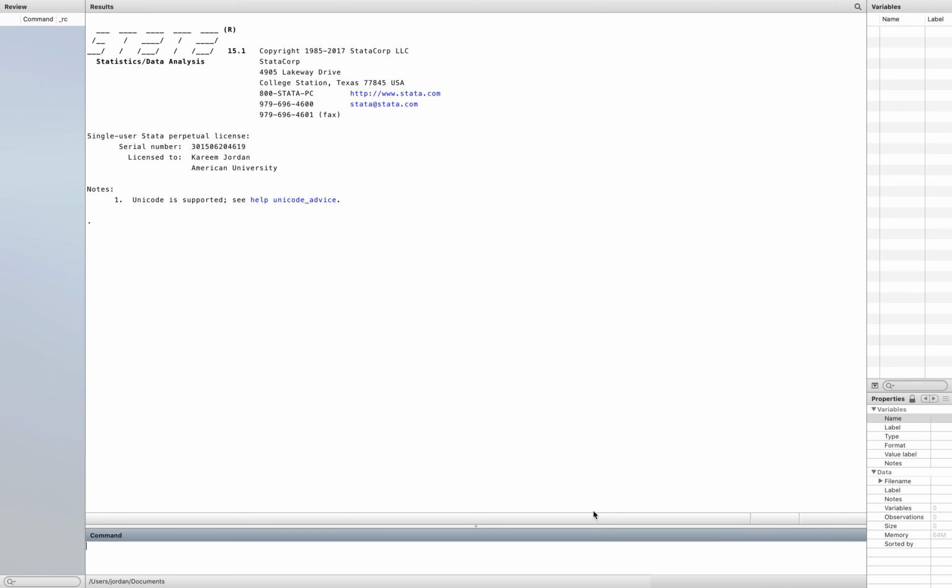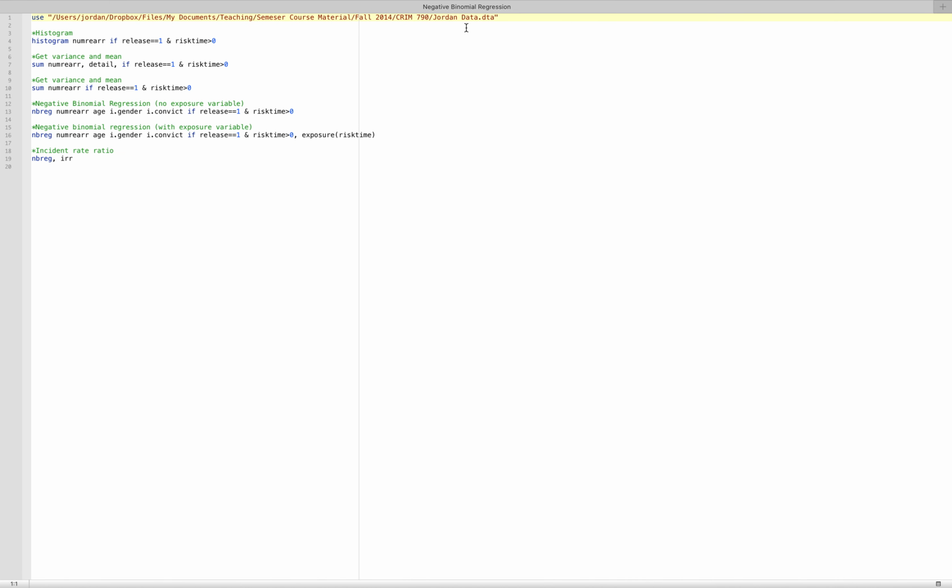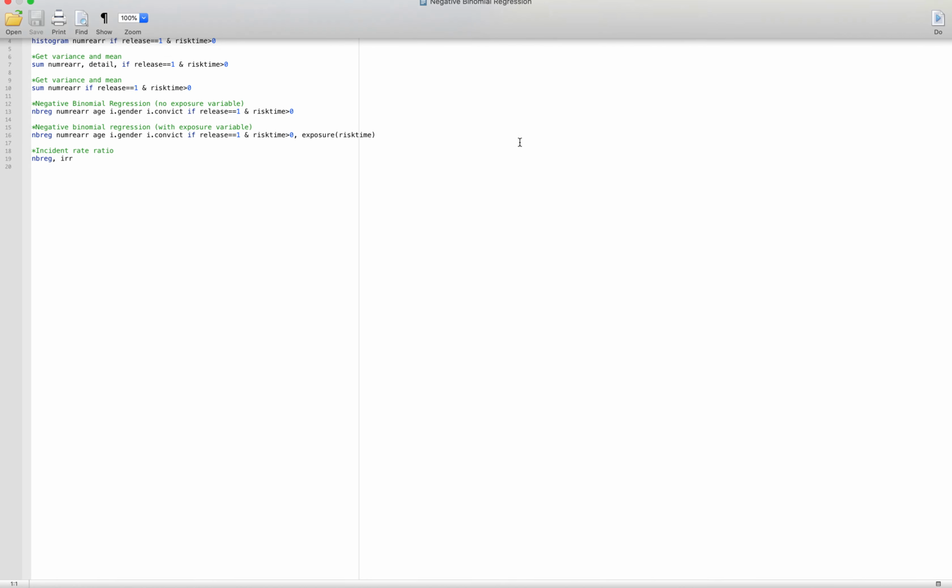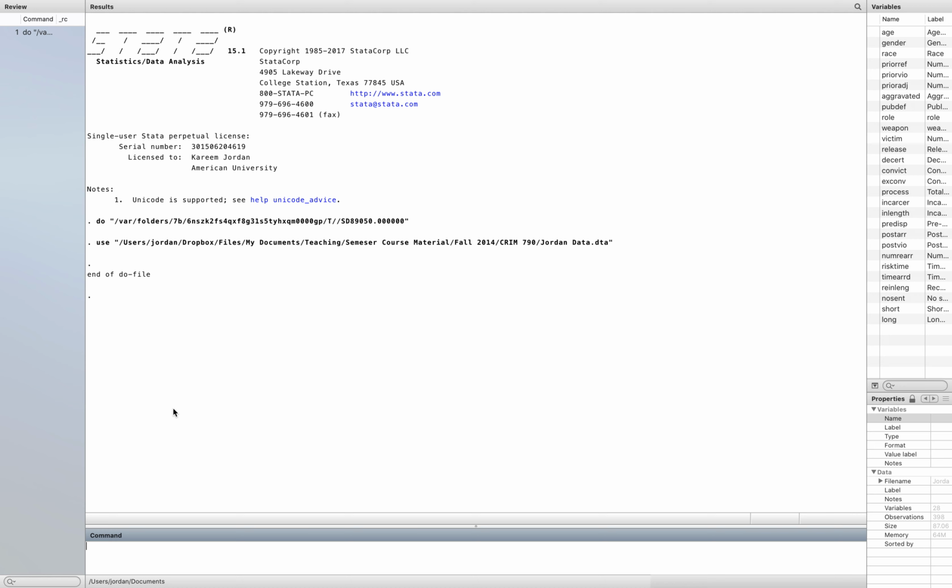So for this, use the Jordan data that we have for class that's in Blackboard. I have the do file here for me. So just go to Blackboard and download the data set, and here is the data.